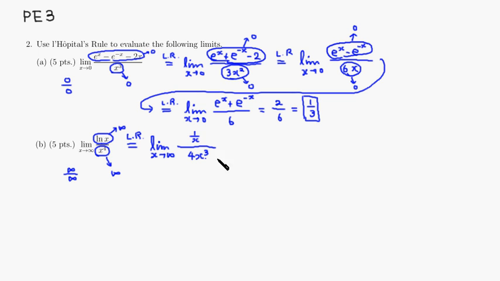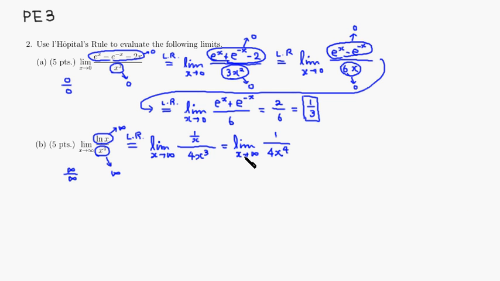Then we're going to simplify it since I don't like to have a fraction inside a fraction. So this is the limit as x approaches infinity. The x you can put on the bottom, so this is the same thing as 1 over 4x to the 4th power, because you have one extra x there.